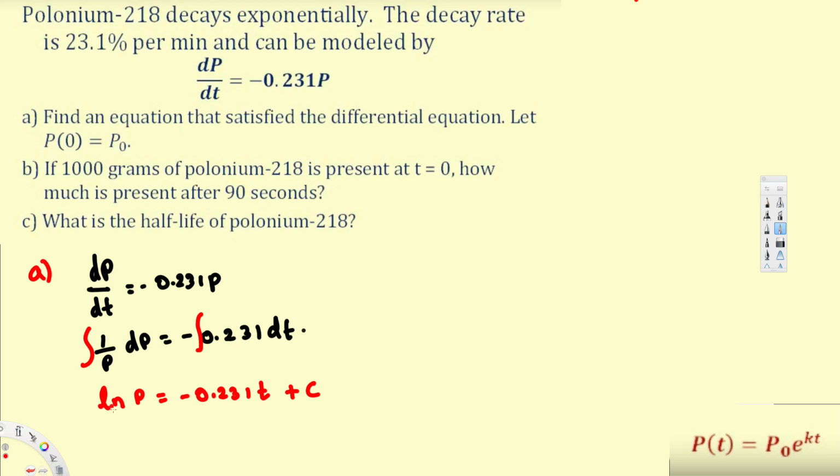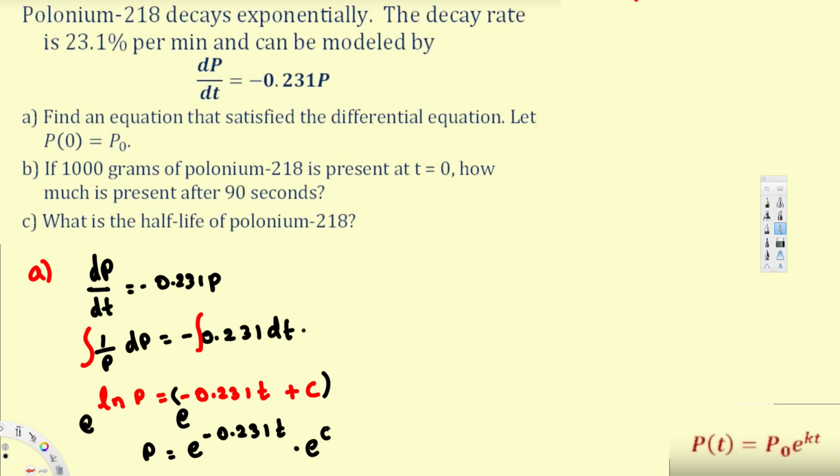And to get rid of this ln, we have to take e power both sides. So this is going to be e^(ln P), and this is going to become e power of this one. Okay, and e power ln cancels each other, and we will end up with P. On the other side, we are going to have e^(-0.231t) times e^C, because when the powers add, it's multiplied, right?